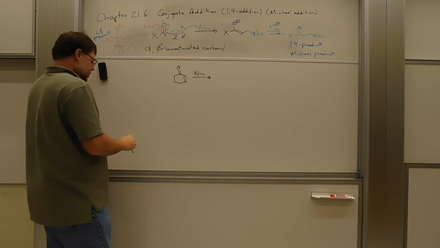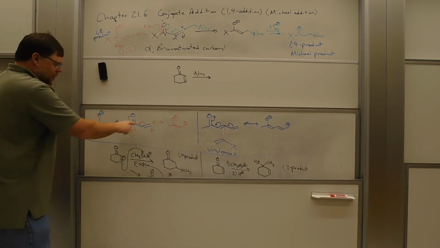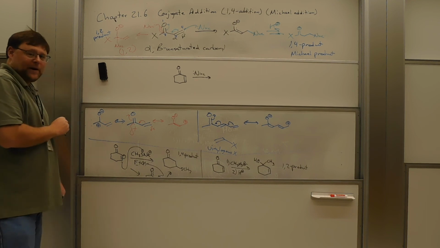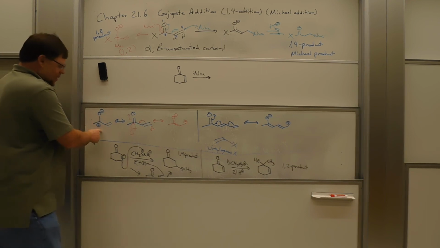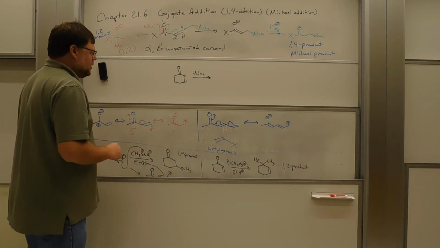So up here, shoot, I can put some of this here, right? So on these resonance structures, there's a very large partial positive charge on the carbonyl carbon. There's not quite as strong a partial positive charge on the beta carbon. That's because the left resonance structure, as the charges are closer together, is more stable than the right structure, which has them farther apart.